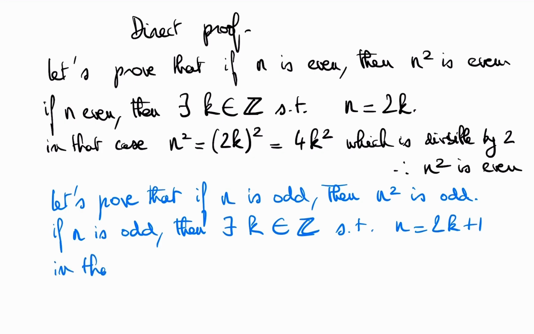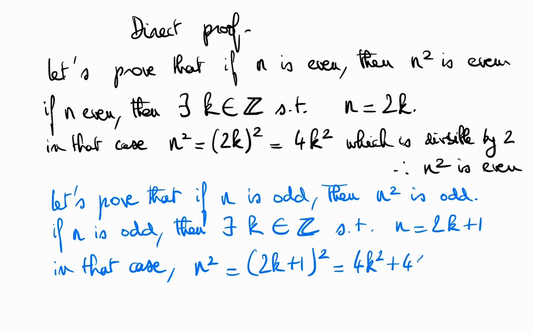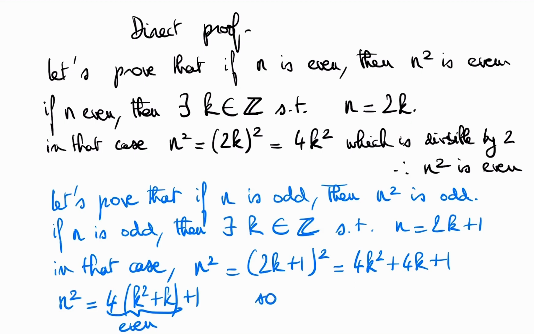In that case, n square is equal to (2k plus 1) square, which is 4k square plus 4k plus 1, which can be rewritten as 4 times (k square plus k) plus 1, where this part here is even, and then we add plus 1, so n square is odd.